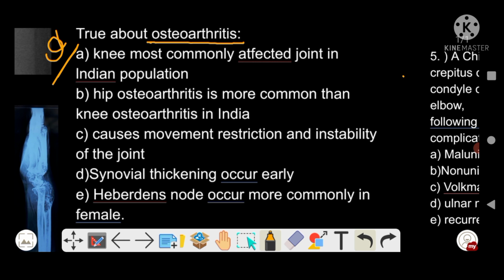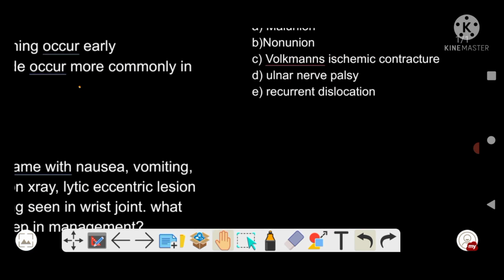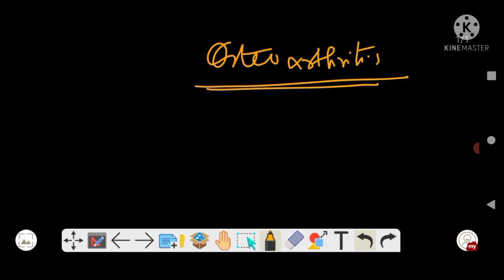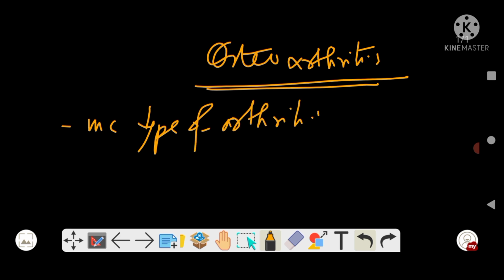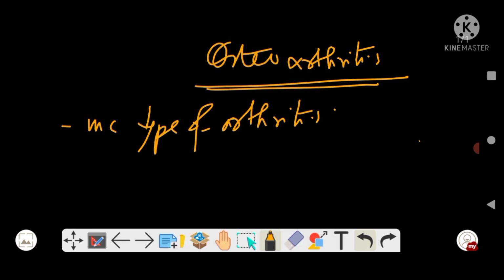We will look at each of the statements, but before that we will discuss a few points about osteoarthritis. So the topic of discussion will be osteoarthritis. The first point is that osteoarthritis is the most common type of arthritis.